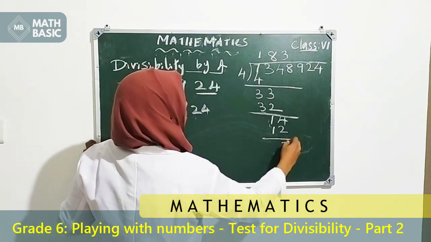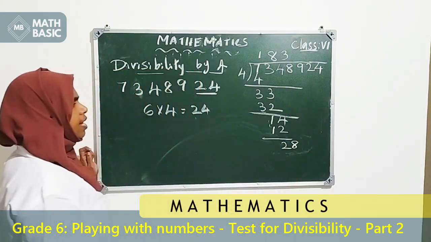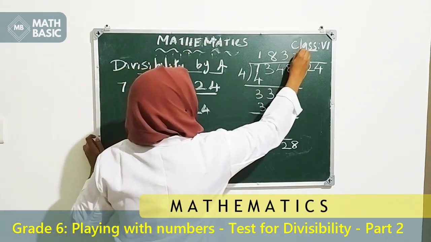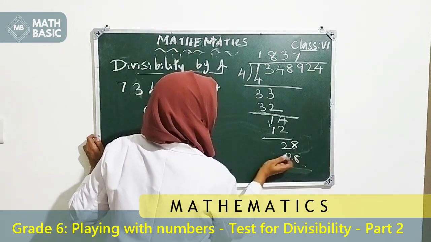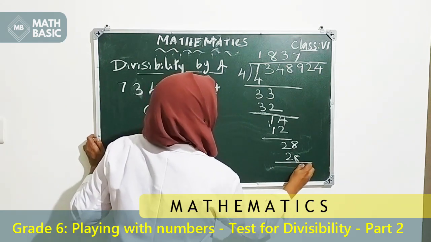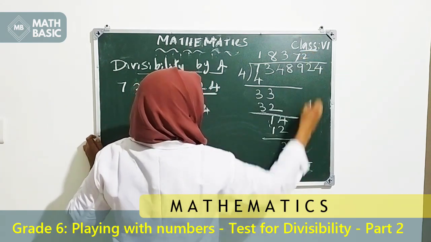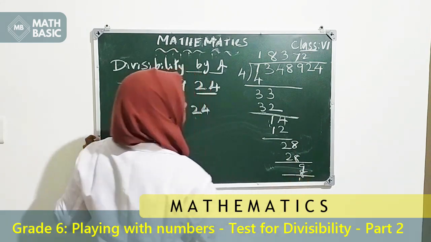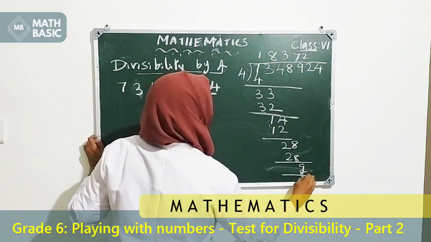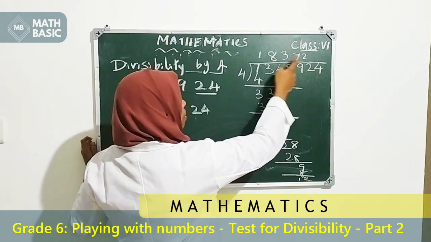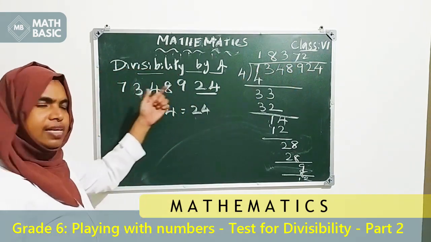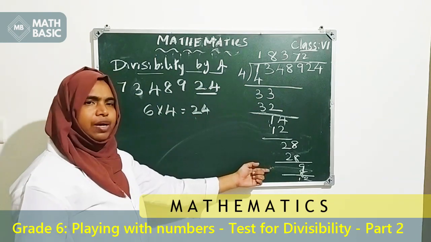Then 28, 7 fours are 28. Then 9, 2 fours are 8. Again remainder 1, then get 12. We know 3 fours are 12. Then here 4, 1 four is 4. You can do it.